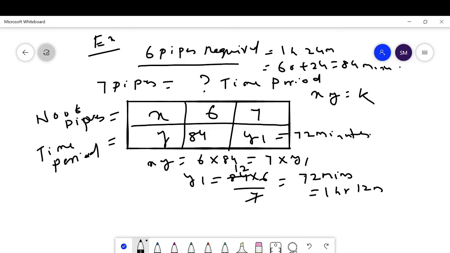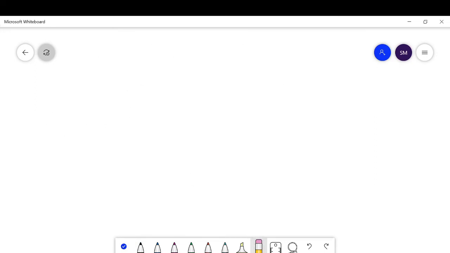Then when there are 7 pipes, the time period reduces to 1 hour 12 minutes required to fill the tank. Okay. Then next question. What does the next question say? In a fort, 300 men had provision for 90 days of food.